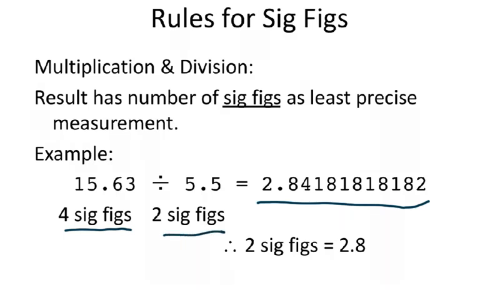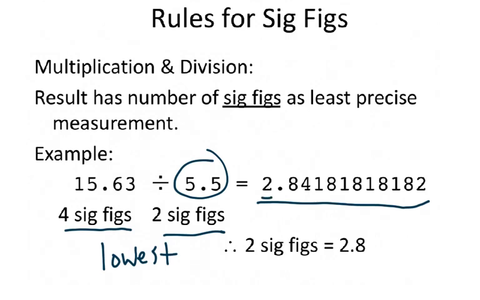So here's what you do. When they are different, the one that will determine the rounding will be whoever is the lowest. And in this case, the lowest is this number here, which only has two significant figures. So we're going to get this long number and round to show only two digits.